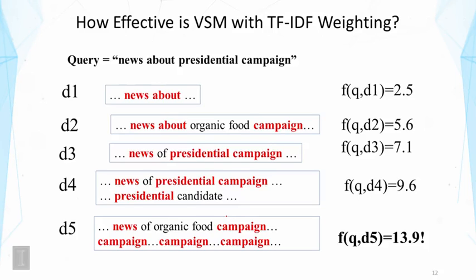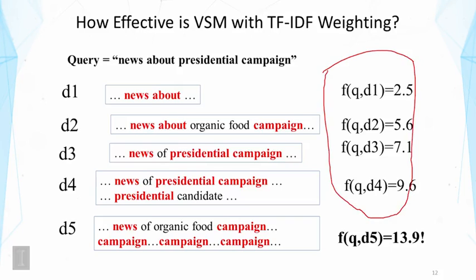So now let's see overall how effective is this new ranking function with TF IDF weighting. Here we show all the 5 documents that we have seen before, and these are their scores. Now we can see the scores for the first 4 documents here seem to be quite reasonable. They are as we expected.